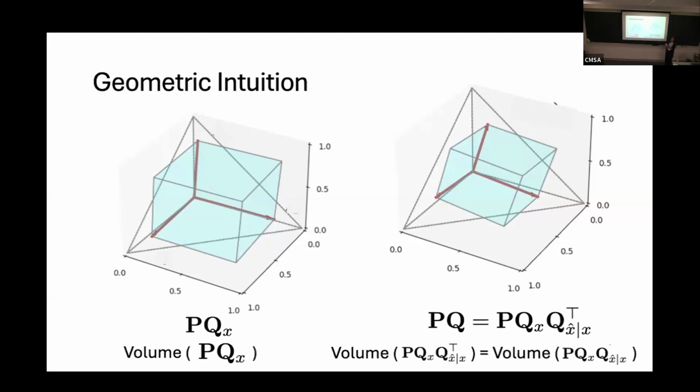That satisfies the exact ordering of the data sets. Blackwell ordering says that if I multiply Q by another stochastic matrix that adds additional noise, that will only make the volume shrink further. So that's the intuition for the Gram Determinant Score.